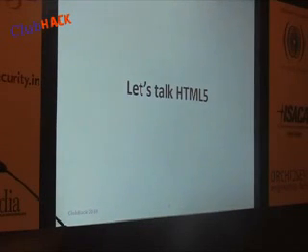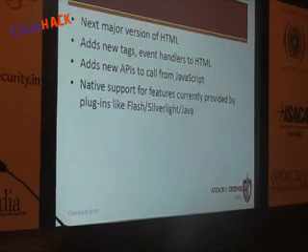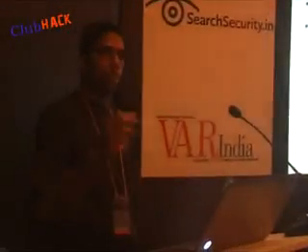Alright, so let's talk a little bit about HTML5. It's the next major version of HTML, right? So it's got tons of new things, and all of them are in the form of new HTML tags or new event handlers for existing tags, and you also have a lot of new APIs.